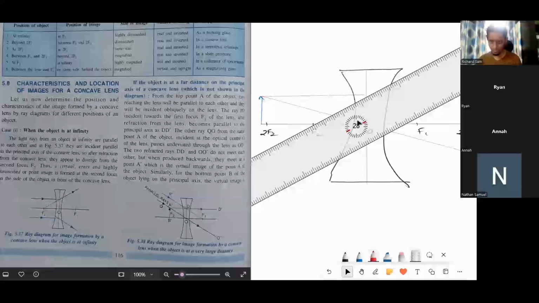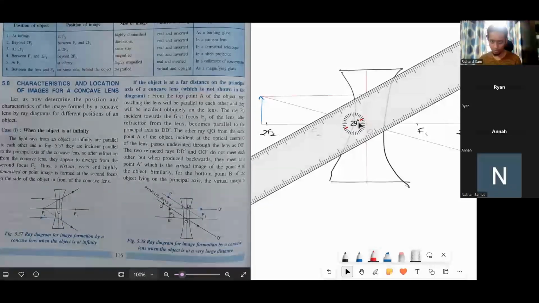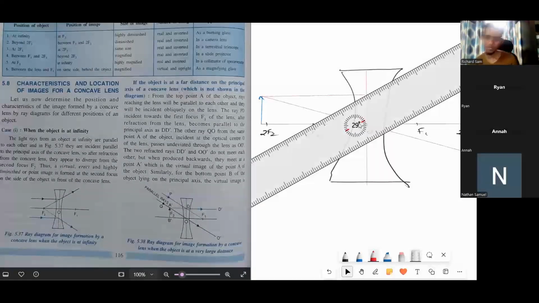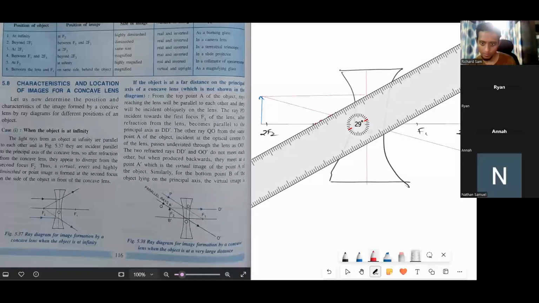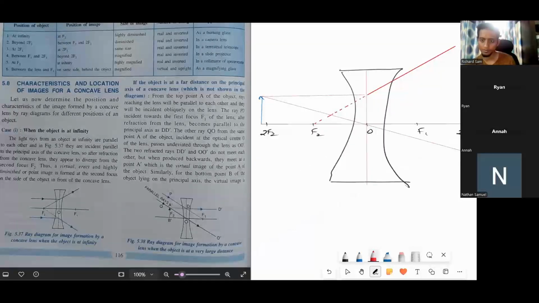As if it is deviating or coming out of F2. So keep your scale like this. On the left side, you will draw dotted lines. On the right side, you will draw a solid line. Okay, so these are your two rays. Now they're going away from each other. Where will they meet? Extend them backwards. The lines are already there backwards.